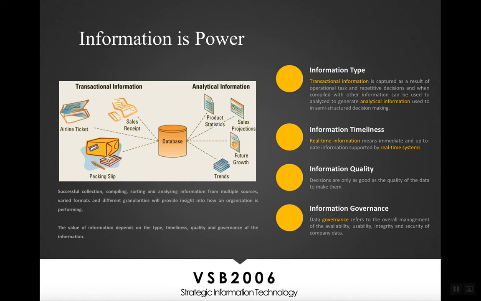Number one, being able to differentiate between transactional information and analytical information: capturing data as the result of executing your business processes, and then analyzing that information to support structured and semi-structured decision making.